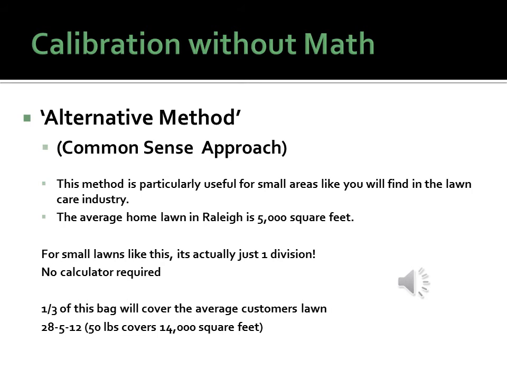So we've got a 5,000 square foot lawn in these neighborhoods. Say we're in a neighborhood with 100 homes and each one is averaging 5,000 square feet. Well, we know that 1/3 of the bag, because 1/3 of 14,000 is roughly 5,000.